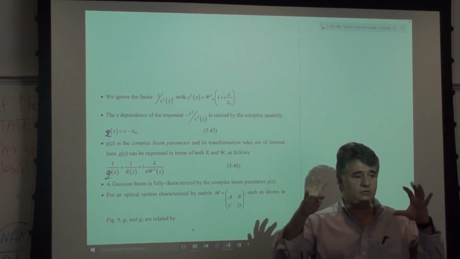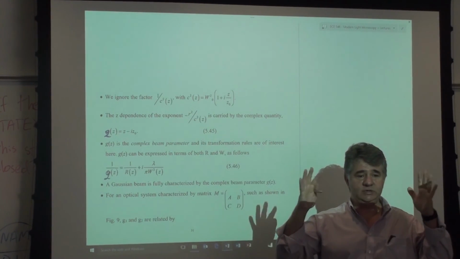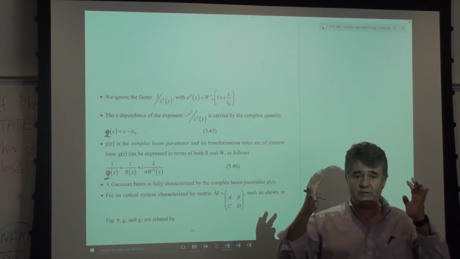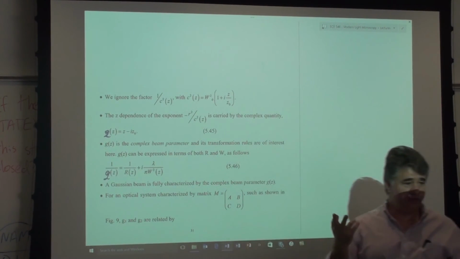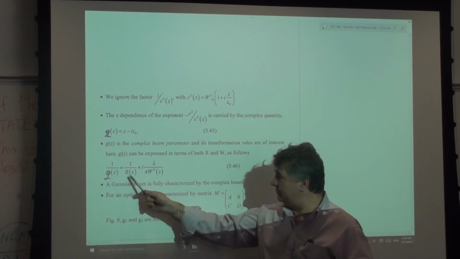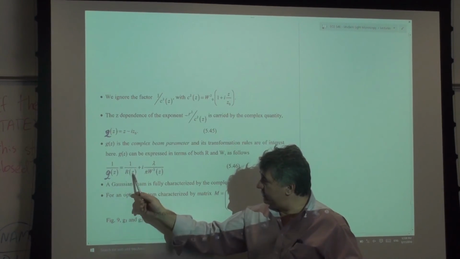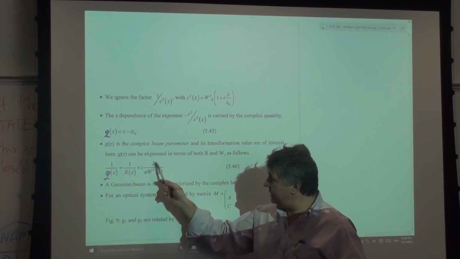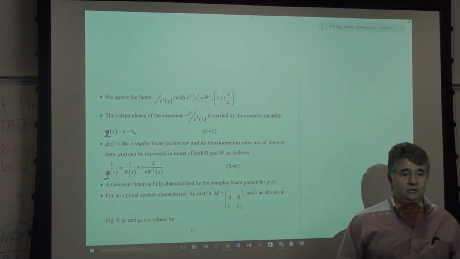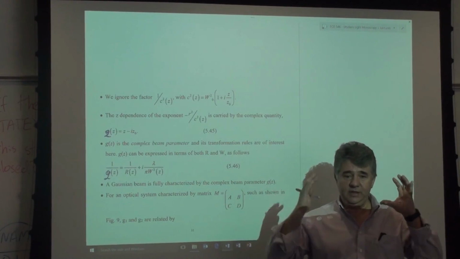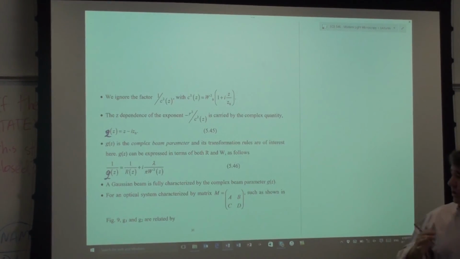Essentially what I'm trying to do is combine the radius and waist into one quantity, Q. And to make it count as two variables, it has to be complex. So if I put 1 over Q as 1 over R plus i lambda over pi W naught squared, so this is the Z naught, I make a complex thing that completely characterizes my beam.